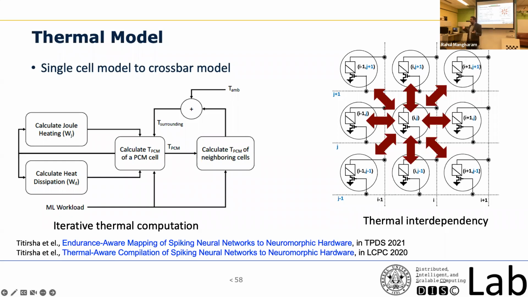Row hammer is a very big security problem in any computer, just letting you know, you should research it a lot. If you try to access the memory too often, the surrounding part of the memory can lose its data. We are working on something called thermal hammer, where you can hit one of the cells too hard, and the temperature will leak to its surrounding cells and destroy their architecture completely.